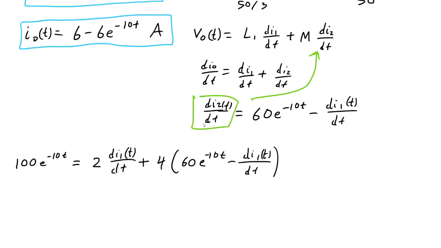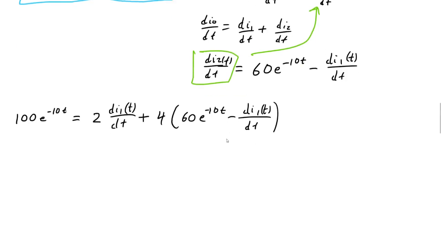If we simplify this out, it's going to be 240, and I'm going to subtract from both sides, so minus 240. That's going to be 2 minus 4 equals minus 2.